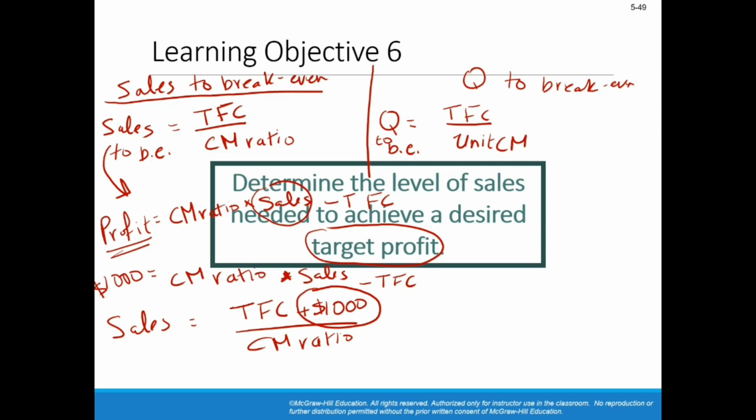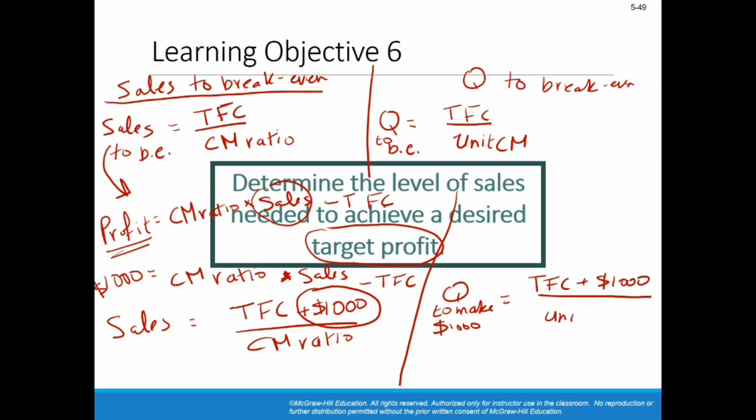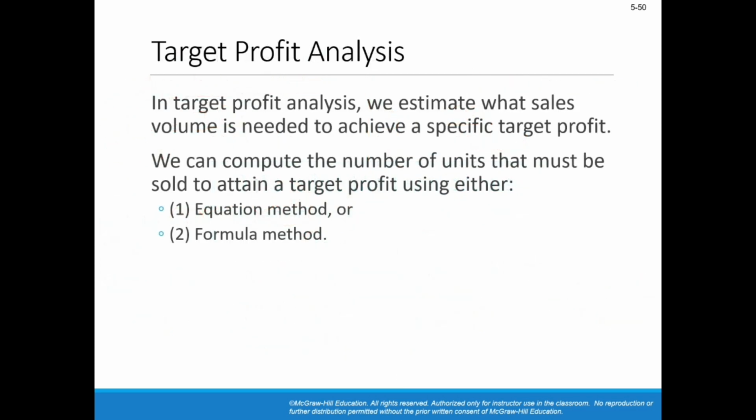Now, Q to make $1,000 profit is equal to total fixed cost plus the $1,000 divided by unit CM. Okay, so the same concept. So again, here they distinguish between the equation method and the formula method.